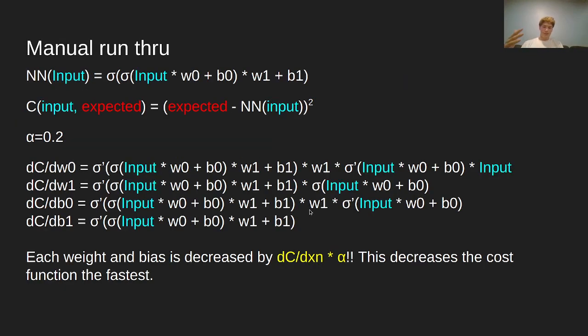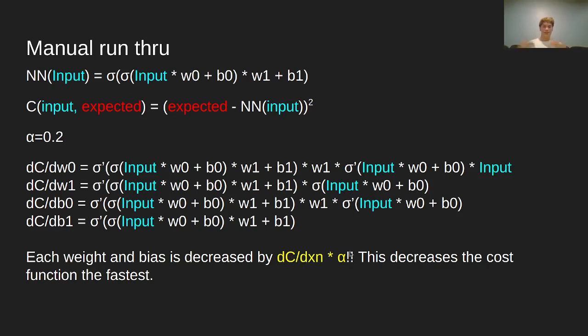Okay. So let's just think of a manual run through here. I define the neural network here, our input, the cost function. We can derive everything with respect to each weight and bias. And then for one iteration of learning for the network, each weight and bias is decreased by the derivative of the cost with respect to the weight or bias times the learning rate.